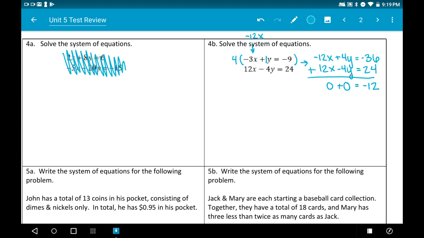Notice that both of our variables canceled out here, so we're going to have 0 equals negative 12. So since 0 equals negative 12, and the variables are all gone, we know this is not a true statement. So if these two numbers are different, and all of your variables are gone, the answer will be no solution.